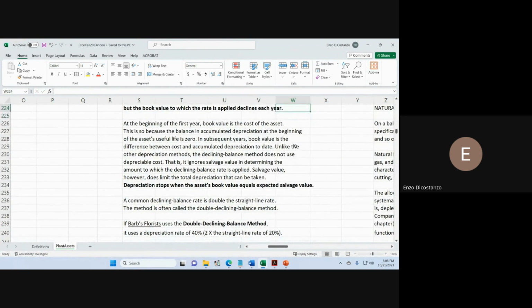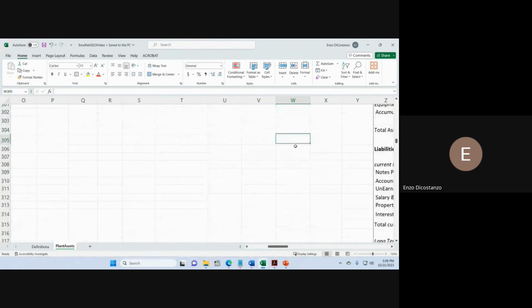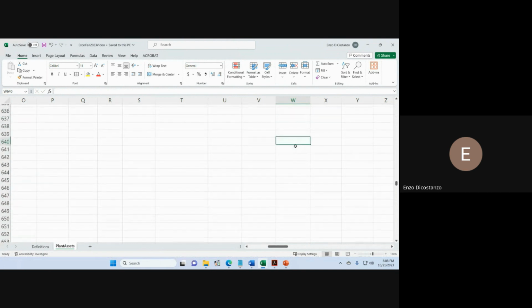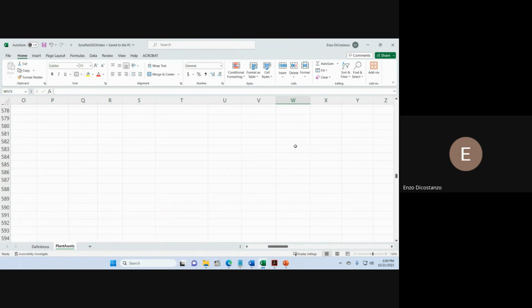There's a declining balance version of this also. Yeah, so there's another prorated version of this here. So prorate the first year.